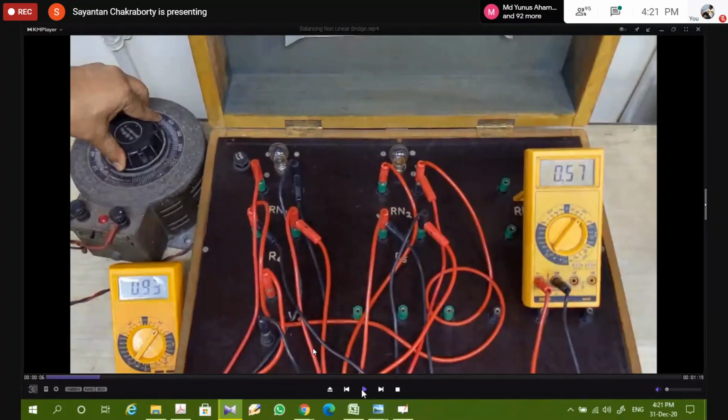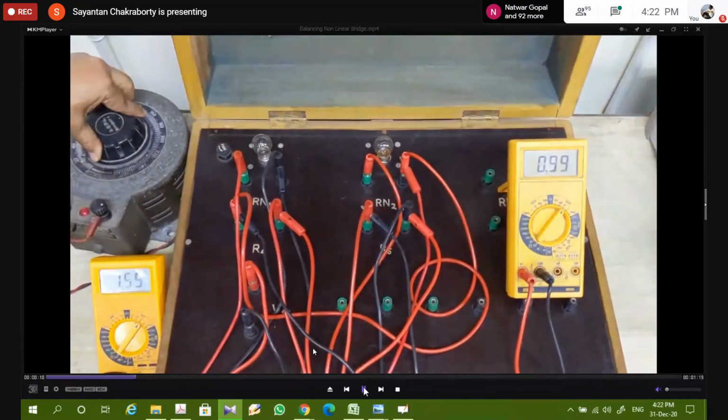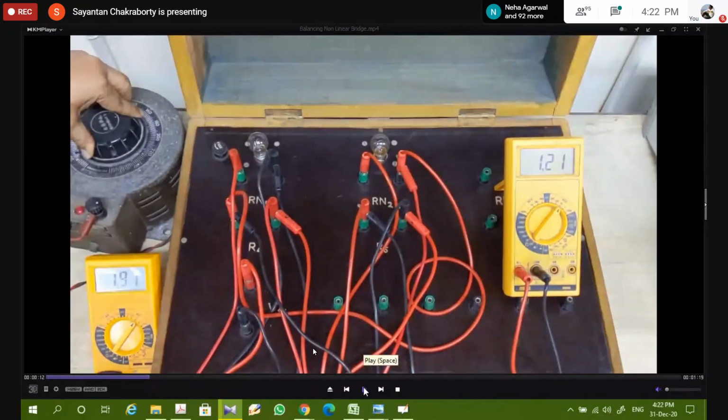The output voltage is still growing with increasing input voltage. 1.16 and still growing, 0.68. 1.55, 0.99, still increasing. Just concentrate on the lamps. 1.91, 1.21.